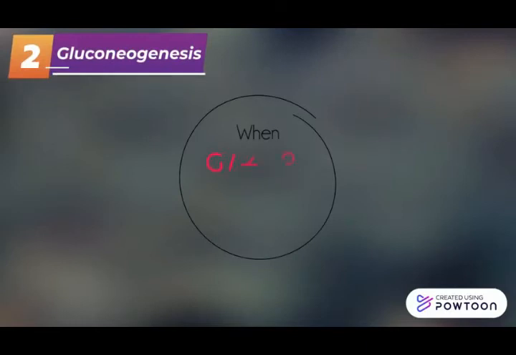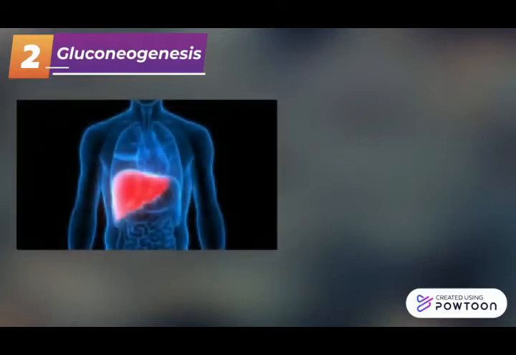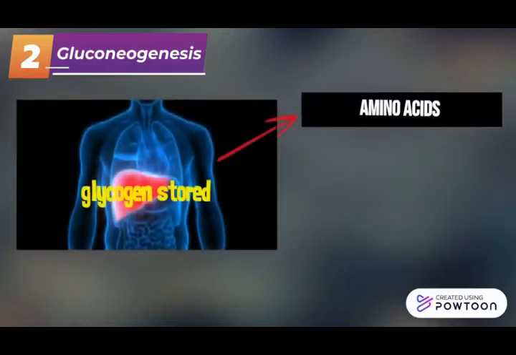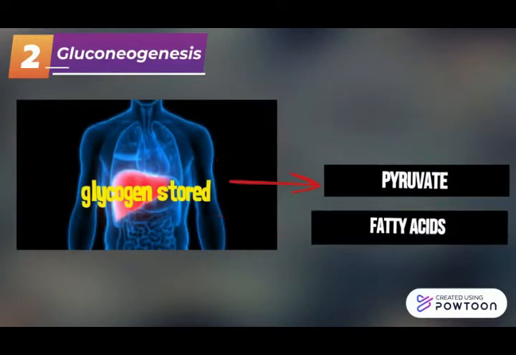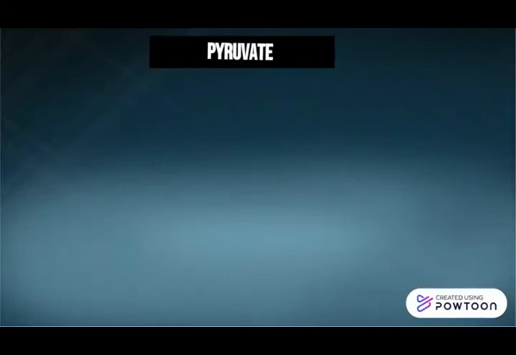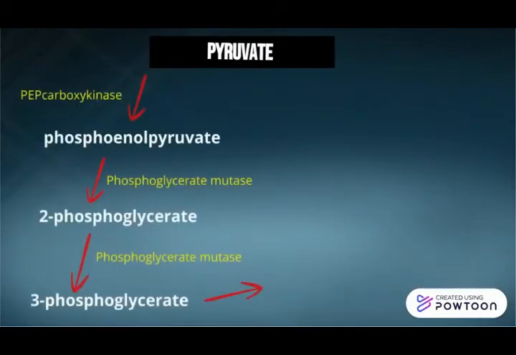Gluconeogenesis is a process where glycogen that has been stored is depleted. Glycogen is stored in the form of amino acid, pyruvate, and fatty acid. Pyruvate is converted into phosphoenolpyruvate by the enzyme PEP carboxykinase.